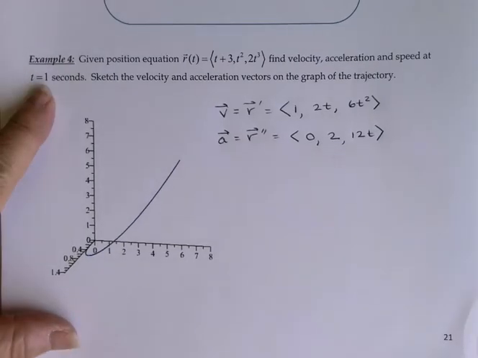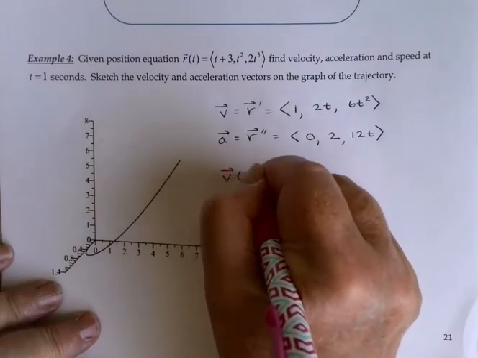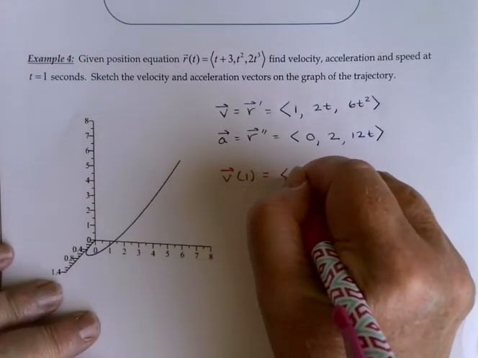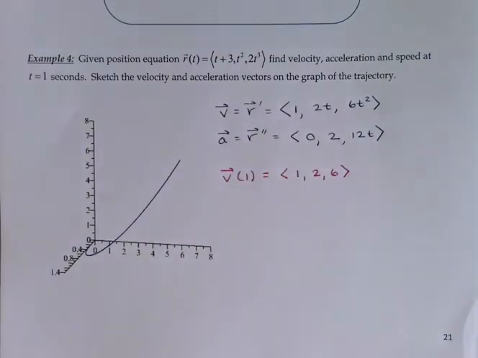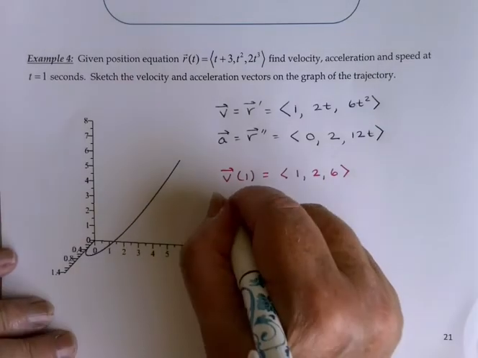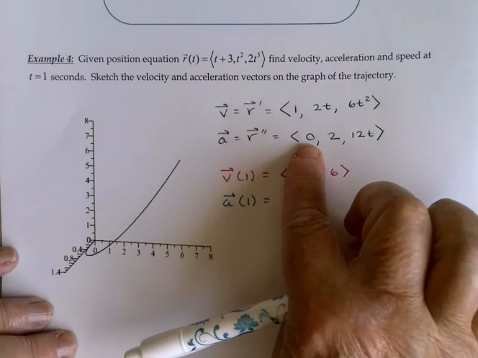Let's go ahead then and evaluate these for t equals 1 second. So the velocity at 1 second would be 1, 2, 6. And that means that the acceleration at 1 second would be 0, 2, 12.